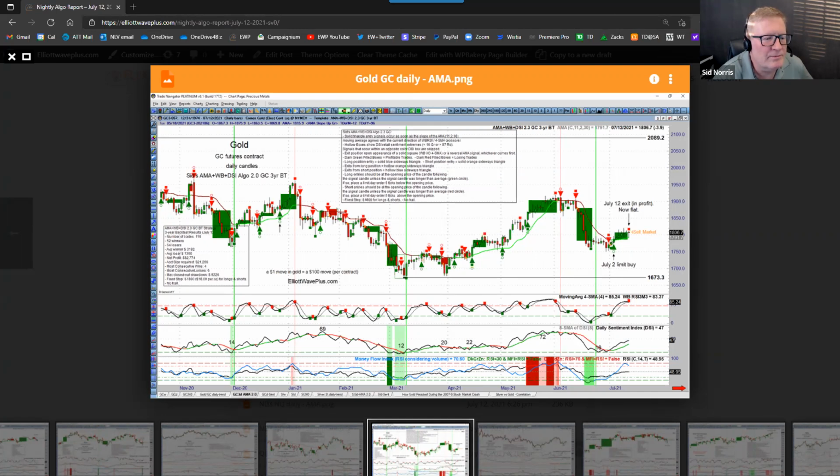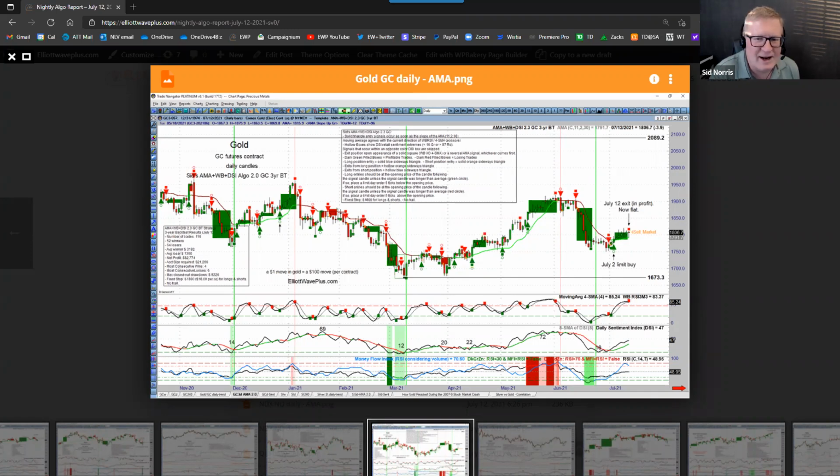I have tried the algo on some grains. It doesn't work well there. At first I had every intention of including some grains, but it just doesn't work as well. Those items I think are too noisy and require too big of a stop in comparison with the potential profits you can get out of them.